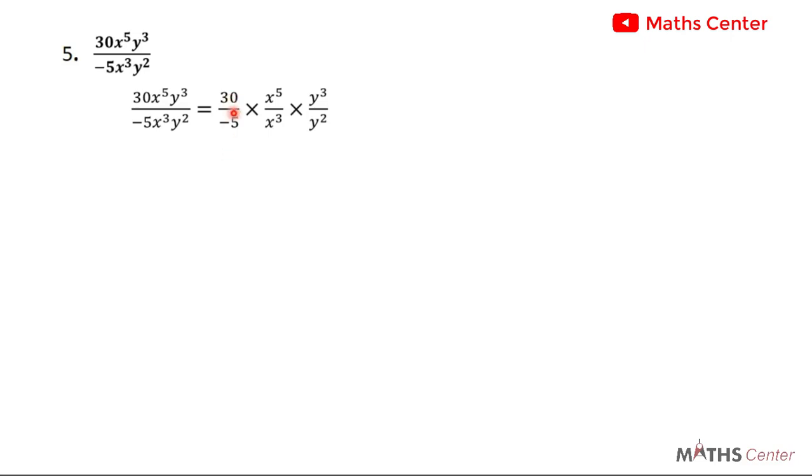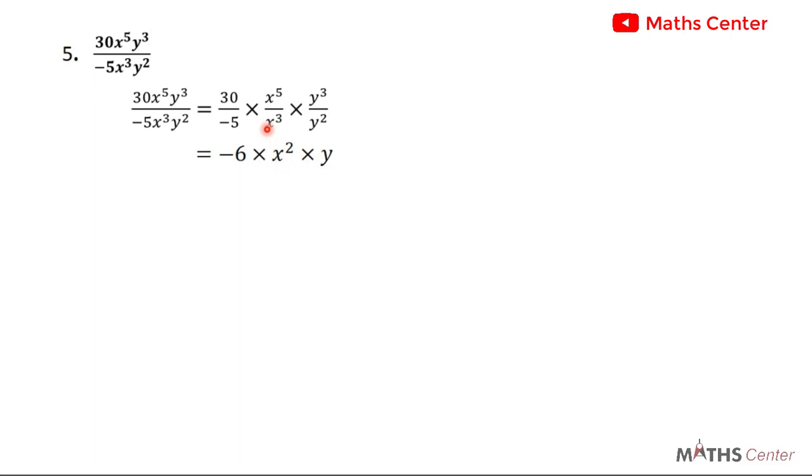We know that 30 divided by minus 5 will give us minus 6. From the laws of indices, x raised to the power 5 divided by x raised to the power 3 will give us x raised to the power 2.